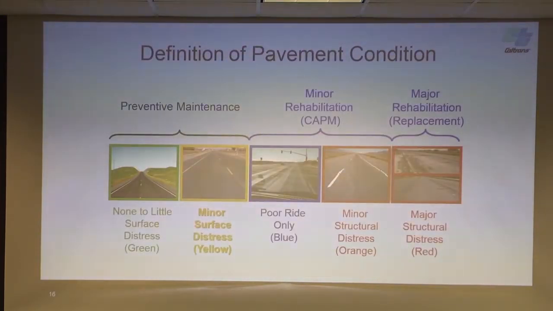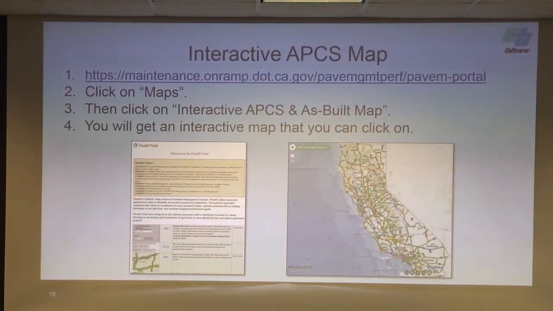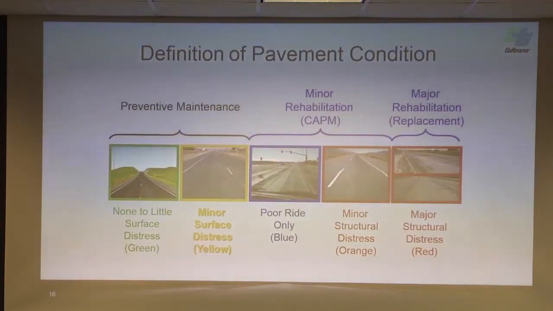If you go back to the map, you can see that it's color coded with yellow, red, green, and this is what it represents. For preventative maintenance, green is little to no surface distress, yellow is minor surface distress, blue is poor ride, orange is minor structural distress, and then major structural distress is in the red.